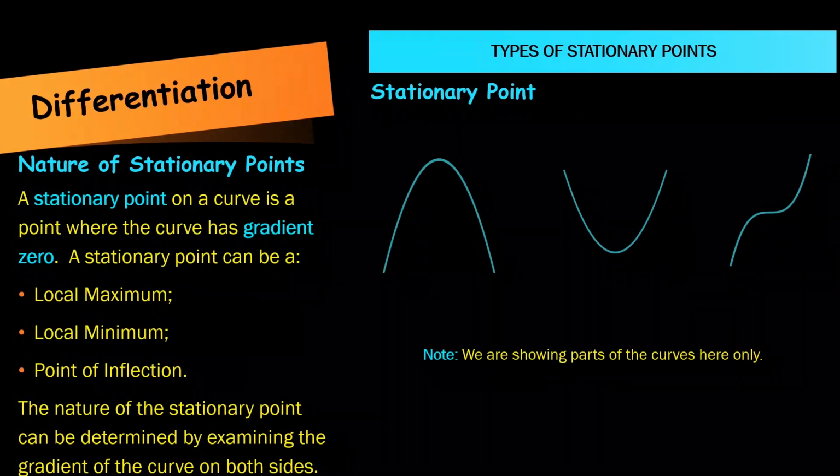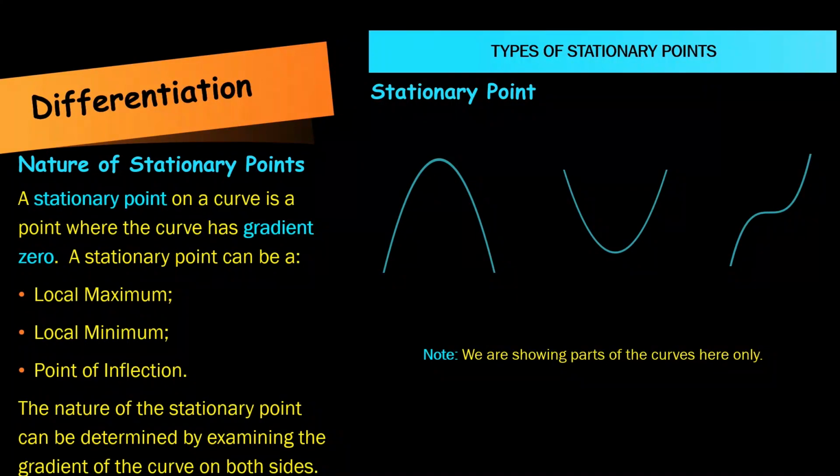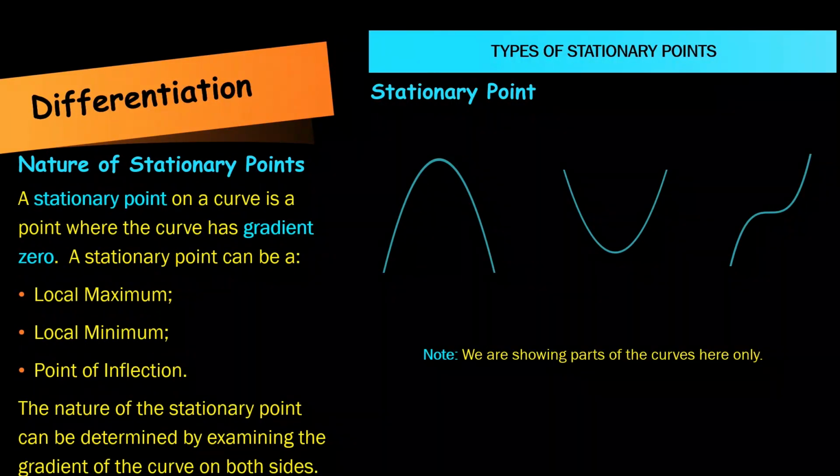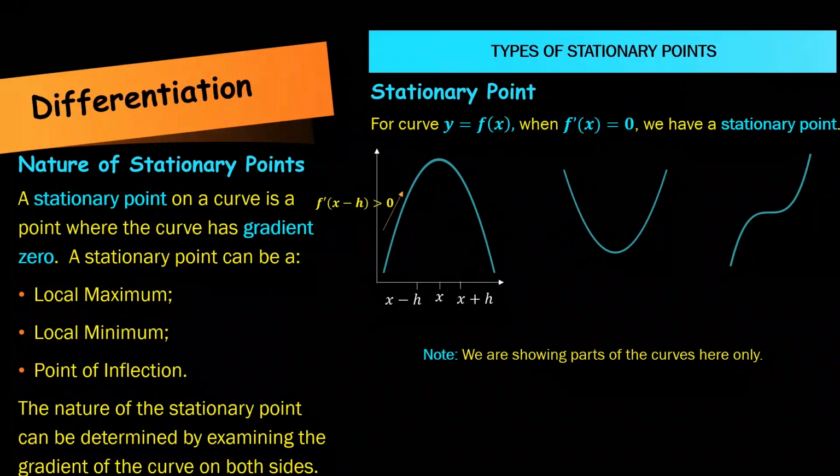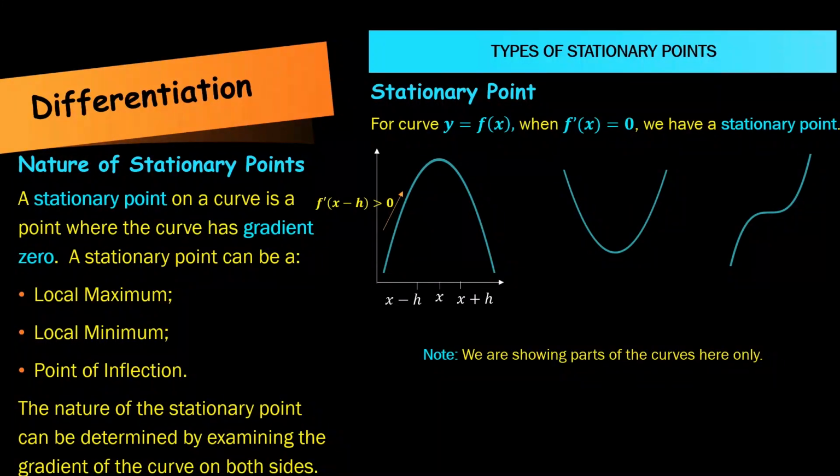So for curve y equals f of x, when f dash of x equals 0, we have a stationary point. If we look just before the turning point, on the maximum turning point, we can see that f dash of x minus h is greater than 0.